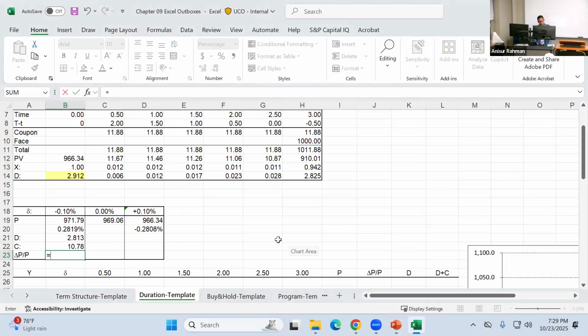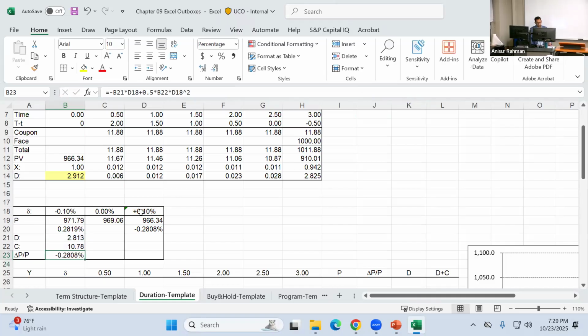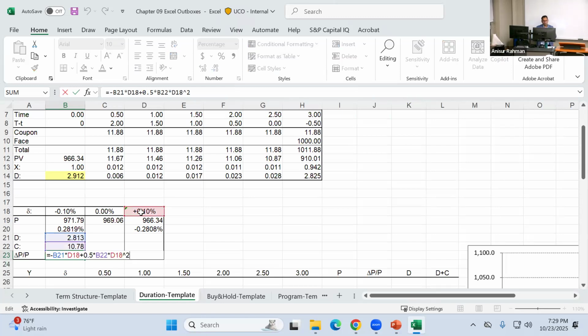So equal minus our duration times change in yield plus half, which means 0.5, times our convexity times our delta y squared.